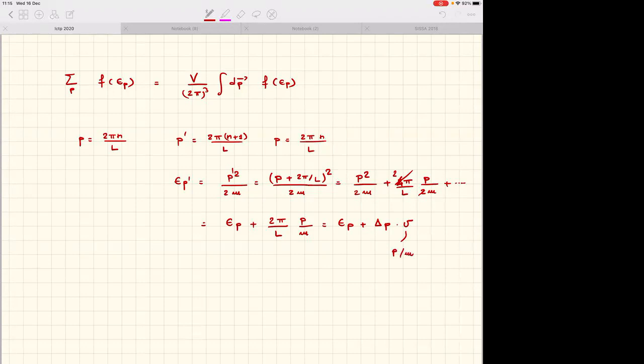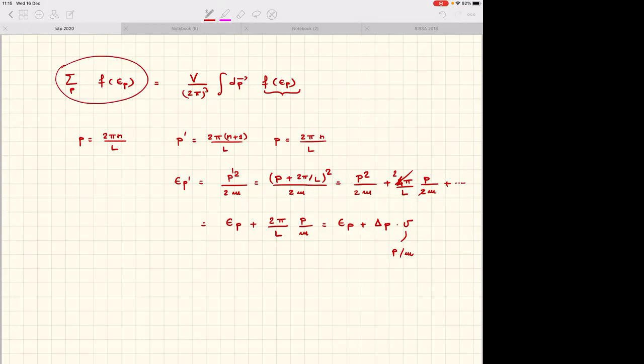Now what I want is that this function is seen as a smooth, continuous function of its argument, so that I can transform this sum into an integral.